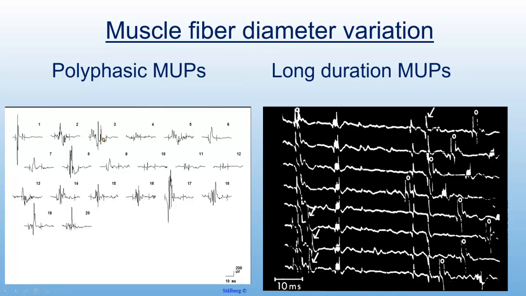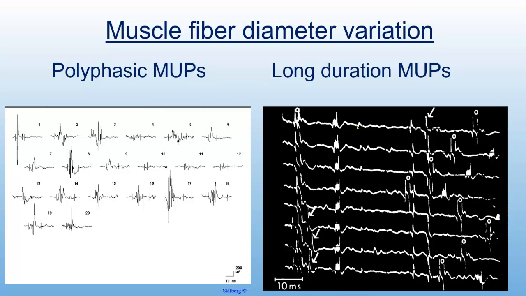We have polyphasic motor unit potentials in myopathy. Some look normal, but some are very polyphasic, and the polyphasic ones are sometimes very long because of the slow conduction of the thinnest muscle fibers. So here is one recording of 20 in one muscle. Here's another recording of one motor unit in a Duchenne boy. It starts here with trigger, and here's the end of the signal, which is 50 milliseconds later.